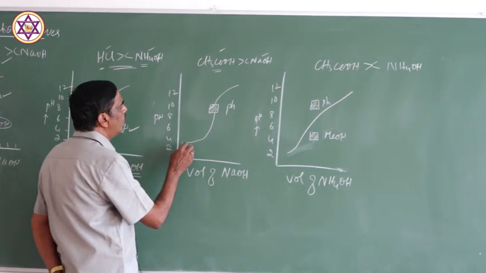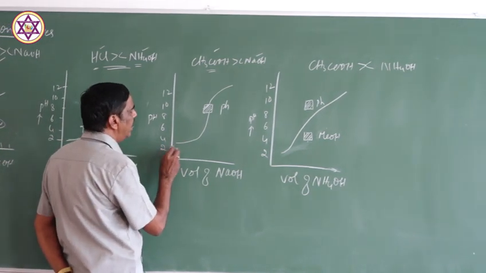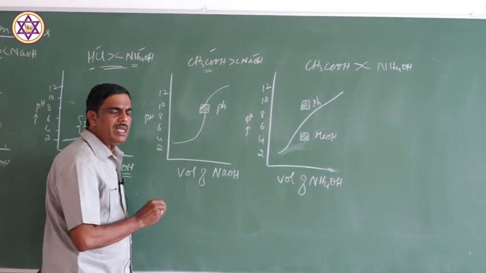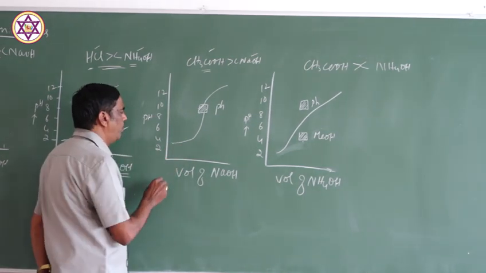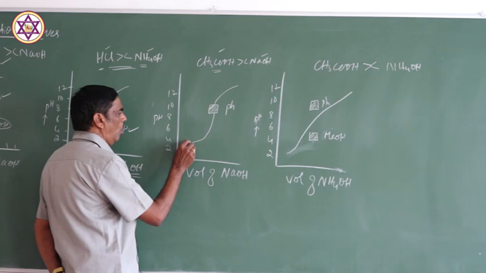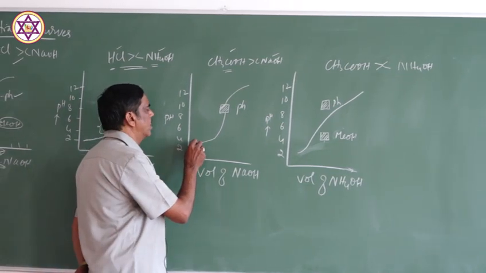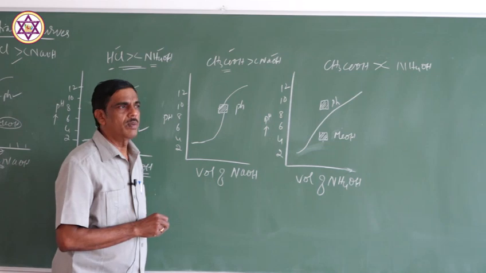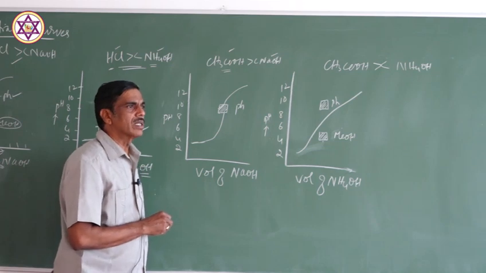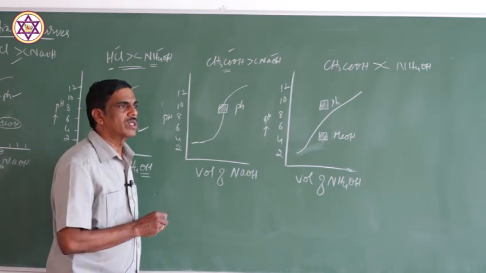Therefore, you take 25 cc of acetic acid, which has a low pH, and if you go on adding sodium hydroxide, the pH rises. Sodium hydroxide is a strong base. It reacts with acetic acid to form sodium acetate.